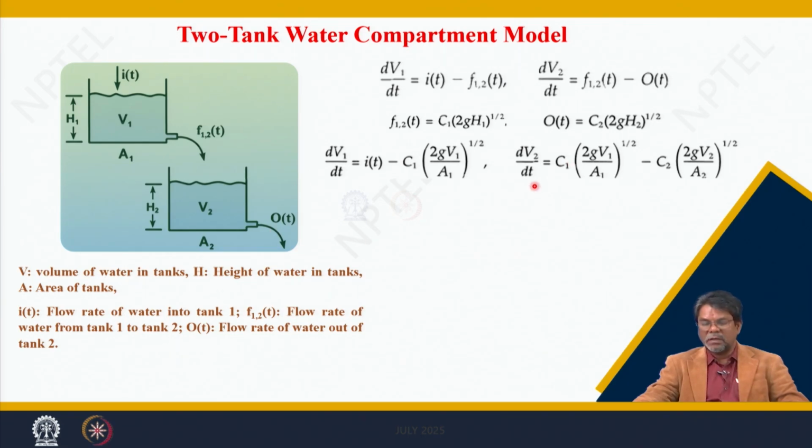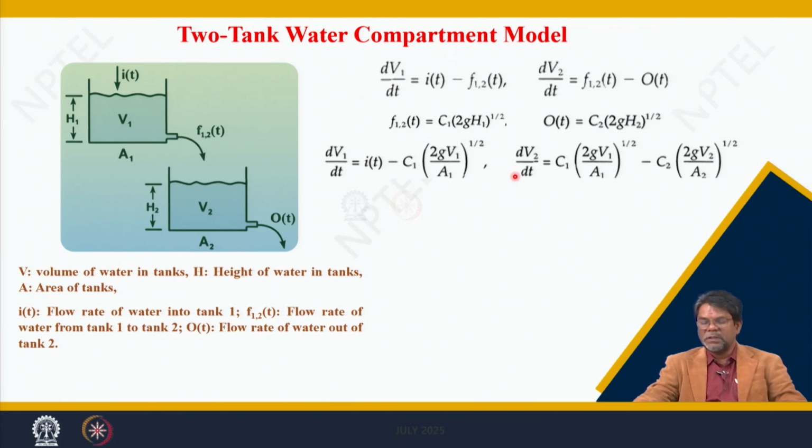The inflow F1→2, as discussed, is C1 times (2g V1/A1) to the power 1/2, the square root of 2gV1/A1, minus the outflow of water from tank 2 to out, which is the loss. That is represented in the same way: the outflow is C2 times the square root of 2gH2, where H2 is the height of the water above the orifice in tank 2. So H2 is also V2/A2.